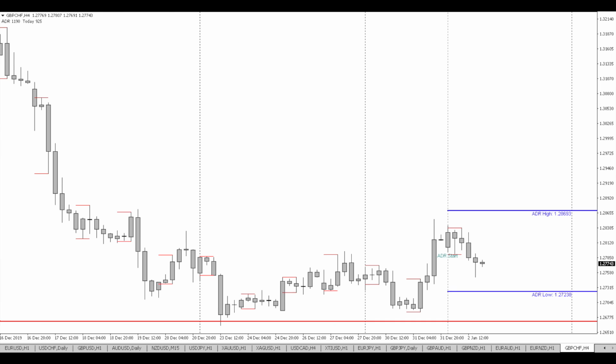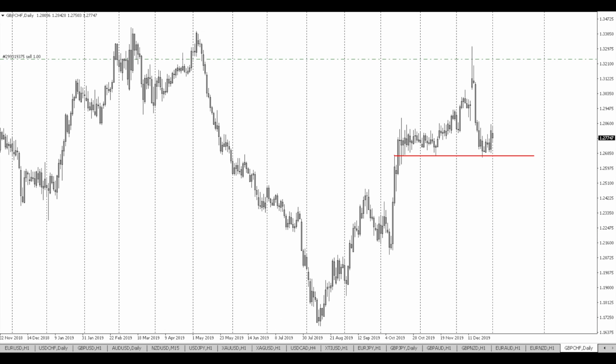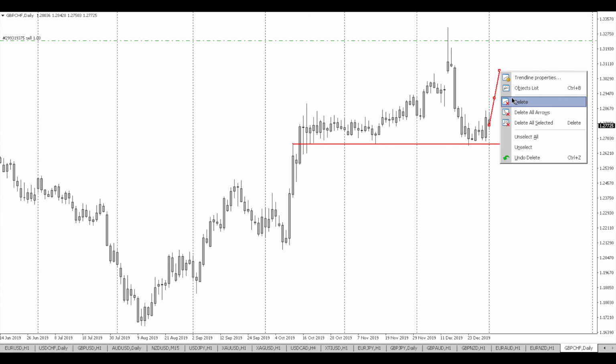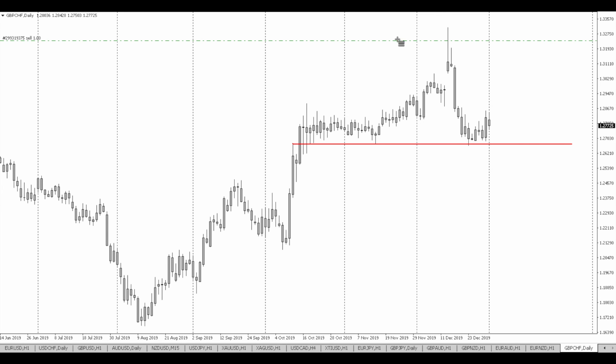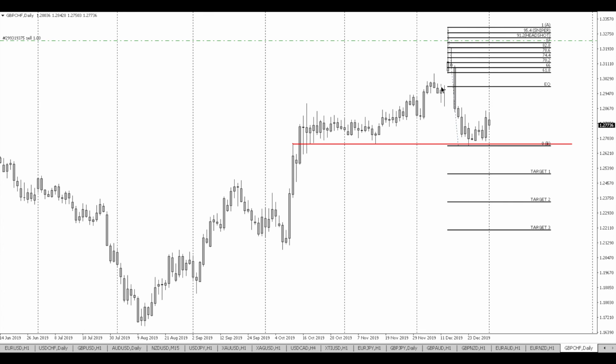But the reason why I don't use stops is because you may get wicked in and price may reverse. So price might go like that, get me in for a sell and then start trading higher to potentially be that reversal. What I'm looking at now for pound Swiss franc to stay bearish is I'd need to see price either come back up into around this region here, or maximum this region here.